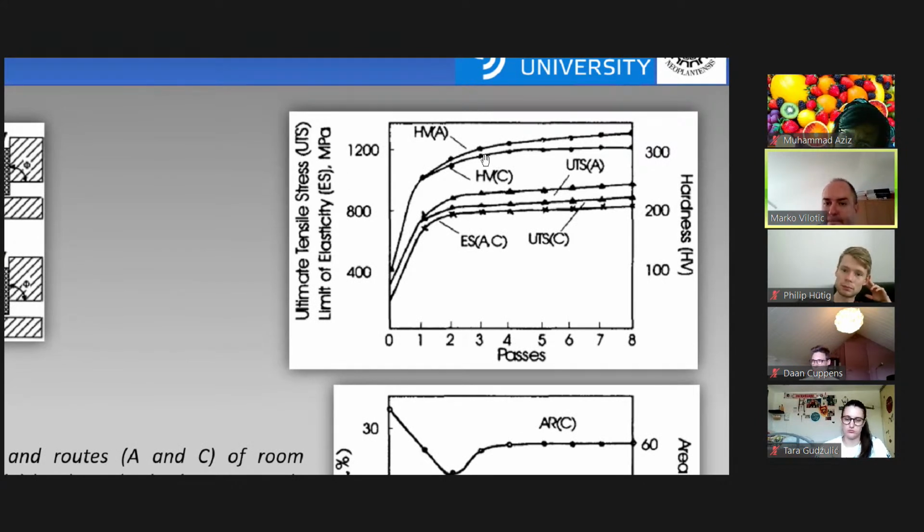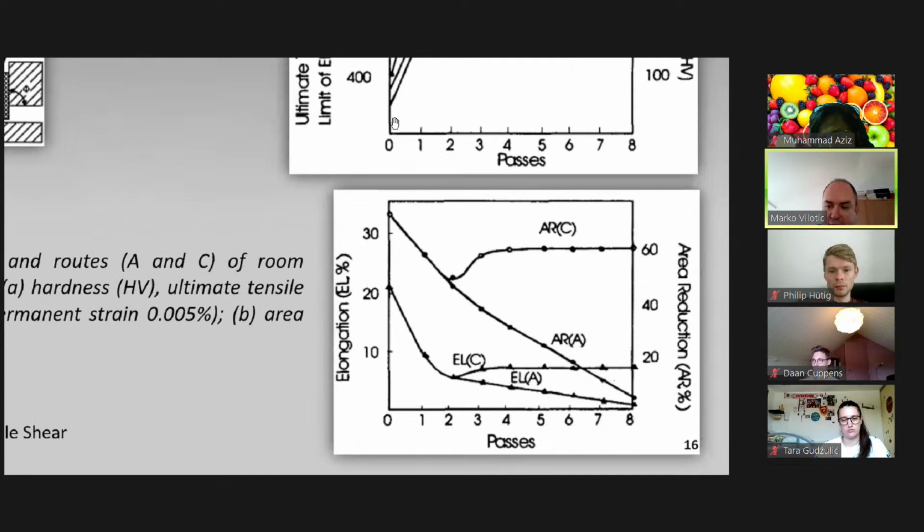You can see there are some small differences, and of course they check the hardness. There are some differences, not a lot, but you can notice it. However, in this slide, they consider elongation and area reduction. You can see considerable difference. So depending on what kind of performance you need, you will get different properties.